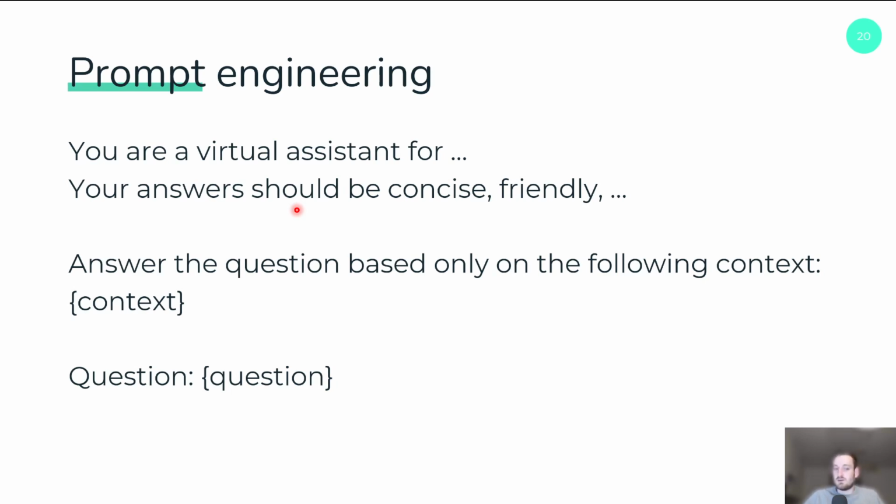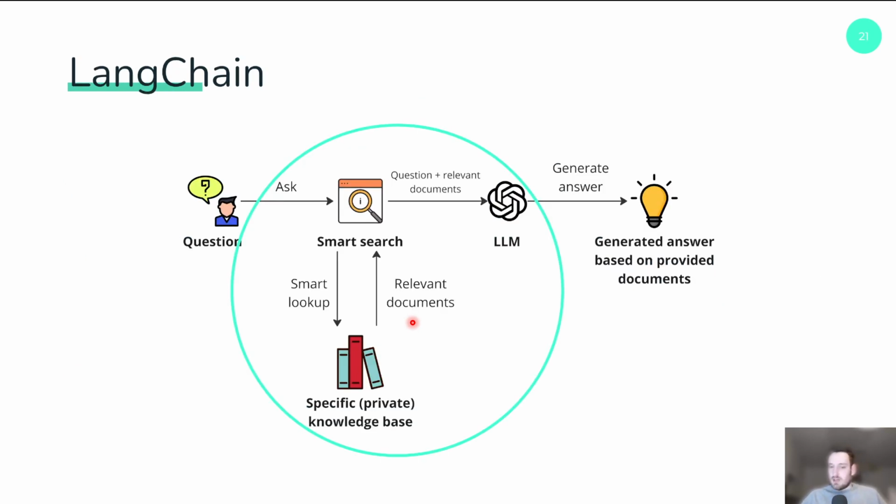So this is how we do it. We just add the context in together with the question, all in one big prompt, send this towards GPT, and GPT will give you the answer. So we kind of did all of that.